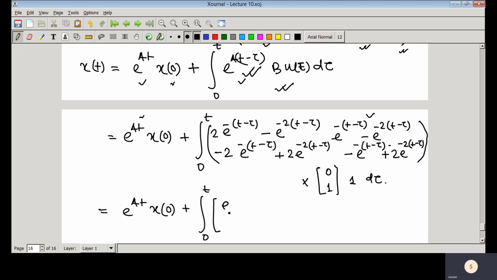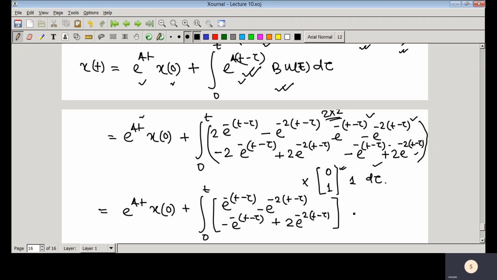That is, you have e to the power minus (t minus tau) minus e to the power minus 2(t minus tau), and here you have e to the power minus (t minus tau), this term, plus 2 e to the power minus 2(t minus tau). The reason is, this is a 2 cross 2 matrix, and you are multiplying with the 0 1 vector, that is the B matrix. So basically you will have only this term and that term, and now this is d tau.